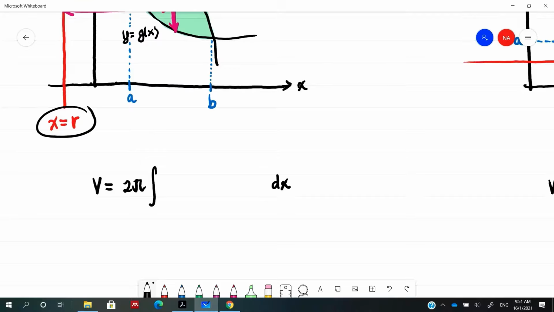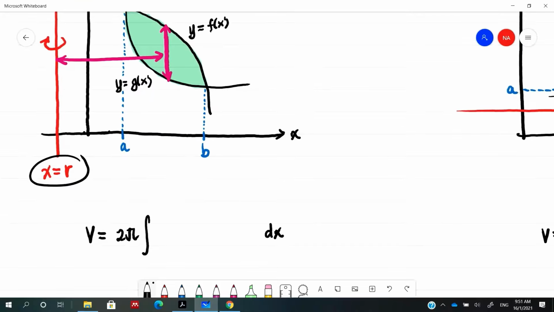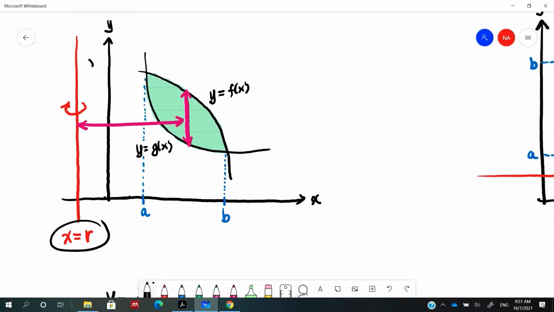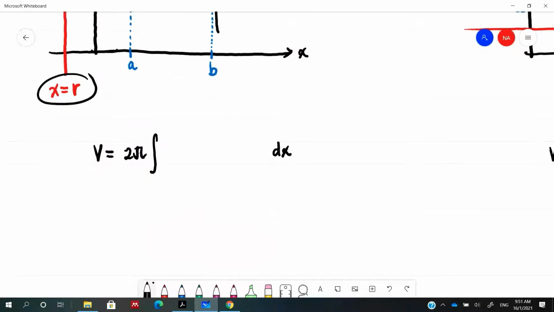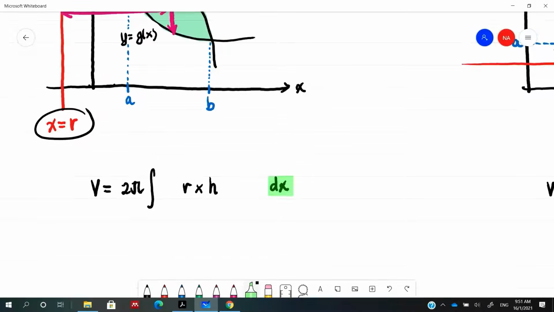So volume is given by 2 pi integrate. When we know that it is rotated about a vertical line, it should be dx in this case. It should be radius multiplied with height. Because it is dx, the limits of these integrals should be on the x-axis, which are given by a and b, so you should write a and b here. Now we have to determine the radius.